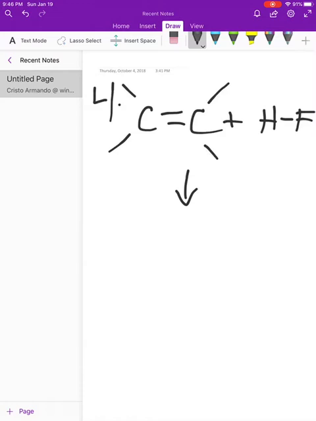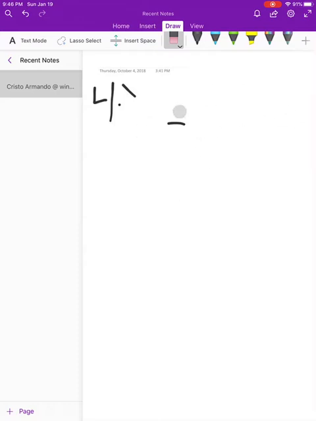But fluorine does not react. So this would be just no reaction. Pretty easy. All right. Problem number 5.